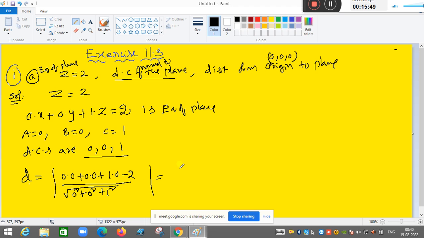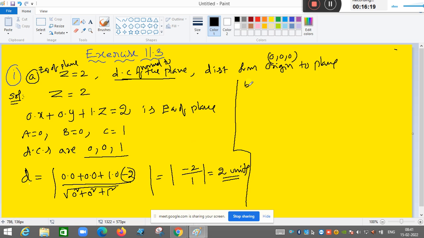This equals minus 2 by 1. So the distance is 2 units. Okay?